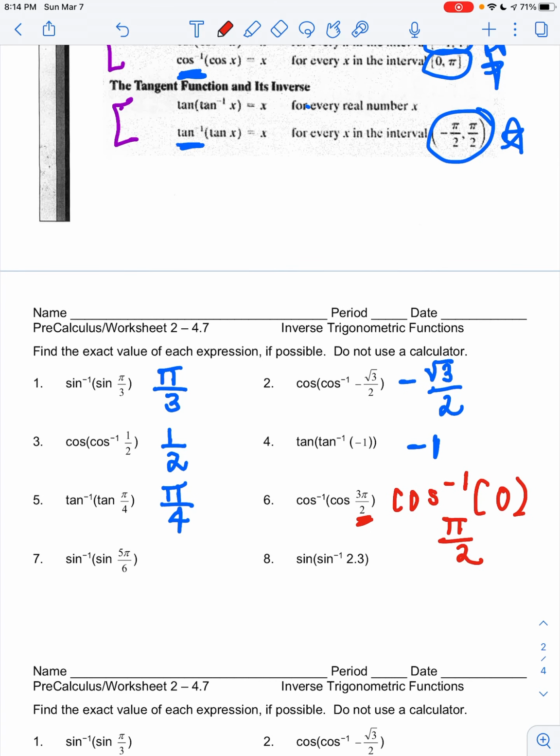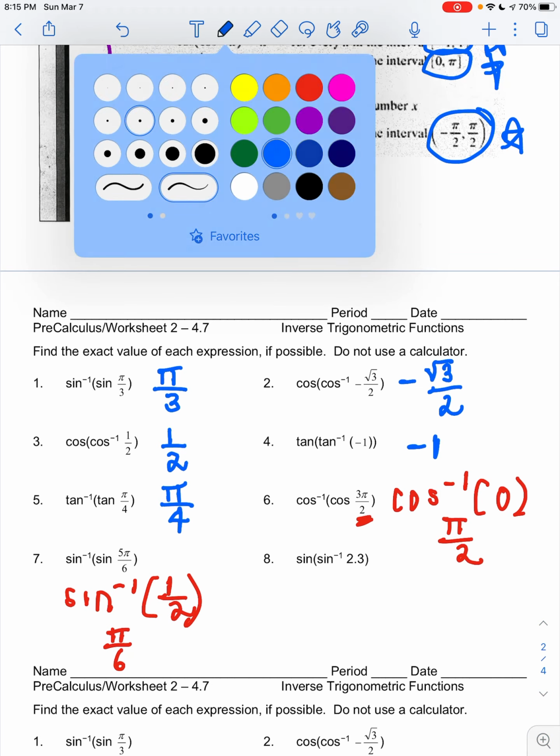It's in quadrant 2. It would be 1/2. And then I would take the inverse sine of 1/2. And this is where I'm going to give the angle between negative pi over 2 and positive pi over 2 that has the same output of 1/2. And that would be pi over 6.